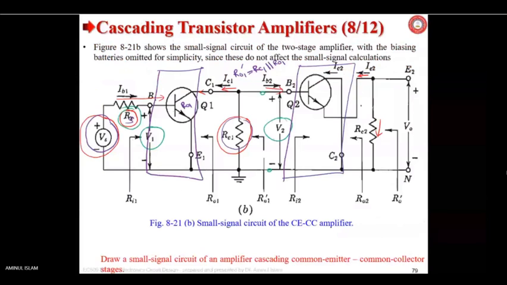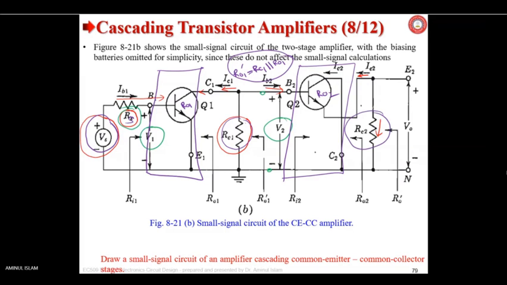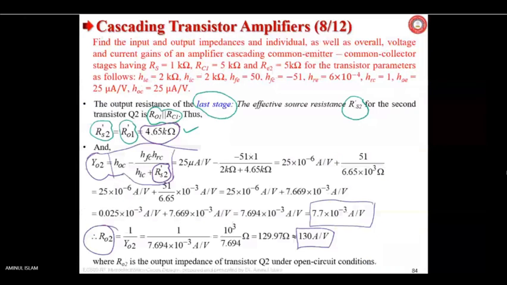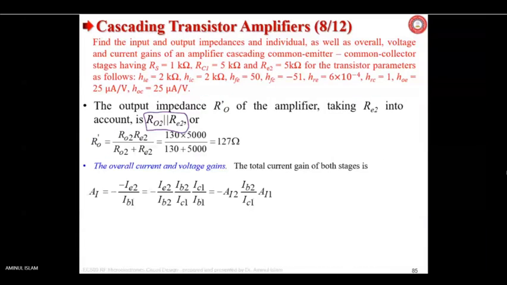RO2 is that of this transistor, which is a function of the source resistance. Now this RO2 is in parallel with RE2, and that parallel combination gives the RO prime, which is going to be 127 ohm.